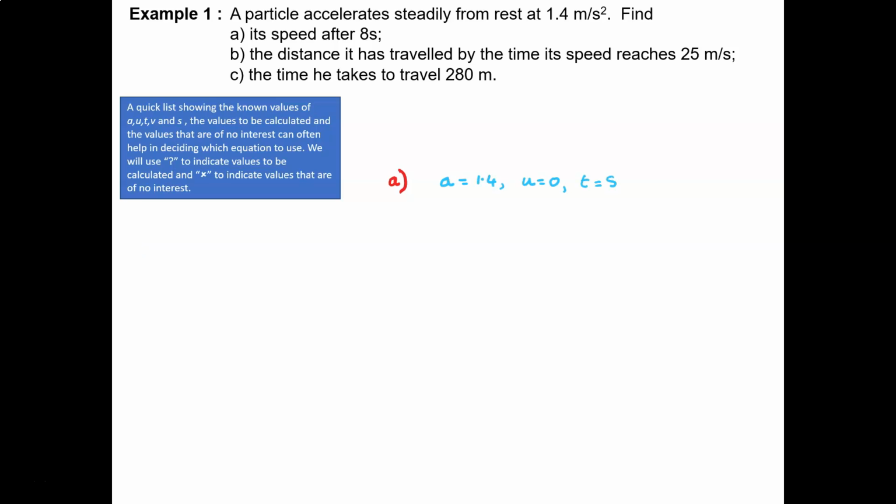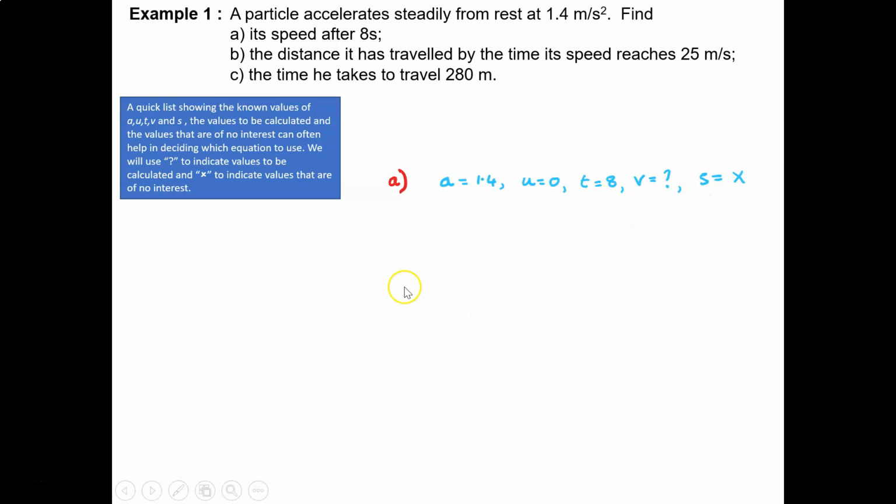So in this part of the question, we have A is 1.4. It's starting from rest, so U is 0. Its speed after 8 seconds, so T is 8. We don't know V, but we need to find it. And S, we don't know, and we don't need to find it in this part.